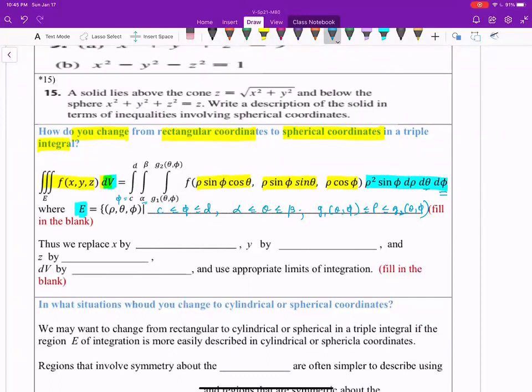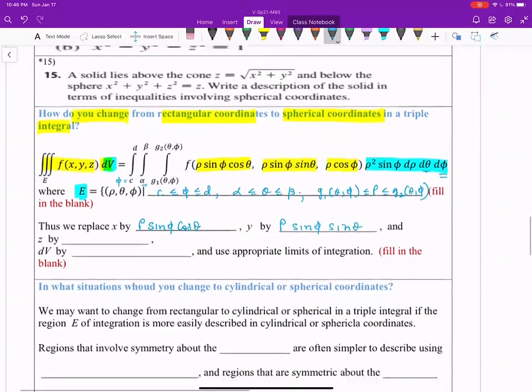Thus, we replace x by rho sine phi cosine theta, y by rho sine phi sine theta, and z by rho cosine phi. Also, dV is replaced by rho squared sine phi d rho d theta d phi.